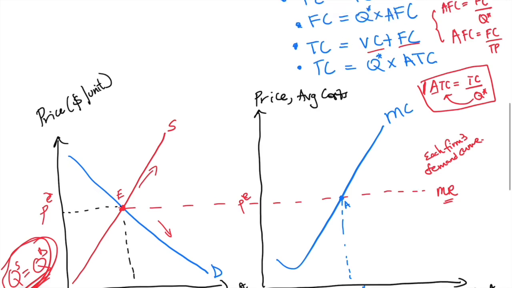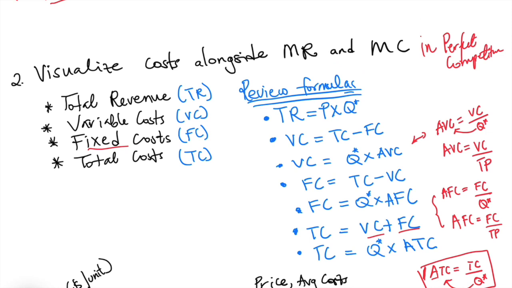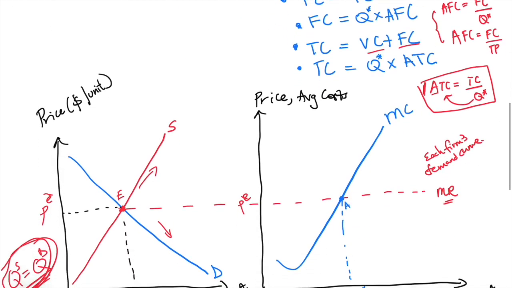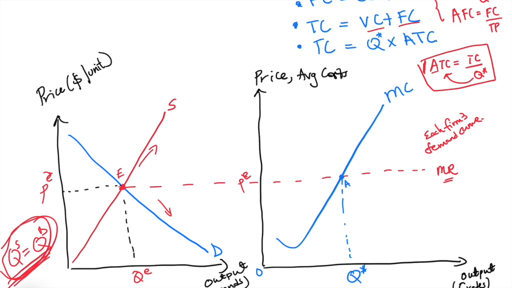I said earlier on that we were going to visualize costs alongside marginal revenue and marginal costs. In fact, we will also visualize total revenue. And we have actually right here. Total revenue is this entire area shaded in blue.